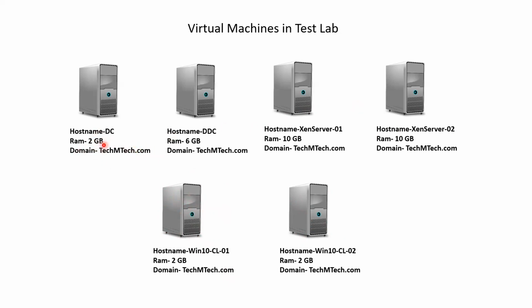If you are creating a domain controller, you can name the domain whatever you want, your name.com or whatever is feasible for you. For the domain controller, I have allocated 2 GB of RAM. For the delivery controller, it's 6 GB. For the hypervisors, 10 GB each, and 2 GB for the client machines. So in total, the RAM requirement is 2 plus 6, 10, 10, and then 2, 2. So at least 32 GB of RAM is required for smooth operations.